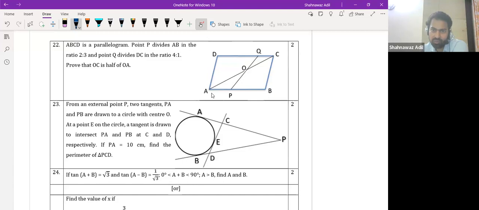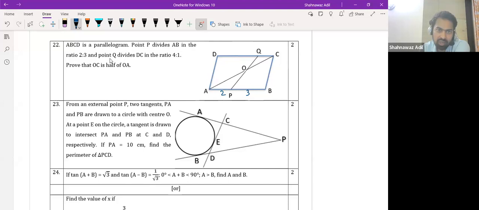This is from triangles, but this is looking like a quadrilateral. This is from the triangles, right? So point P divides AB in the ratio 2 by 3. This is 2, this is 3, right?